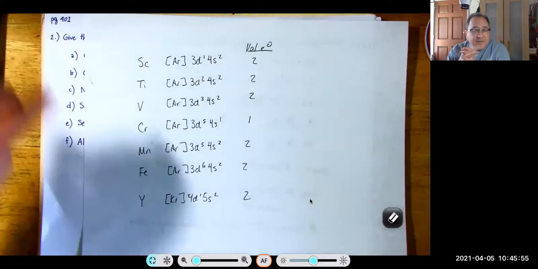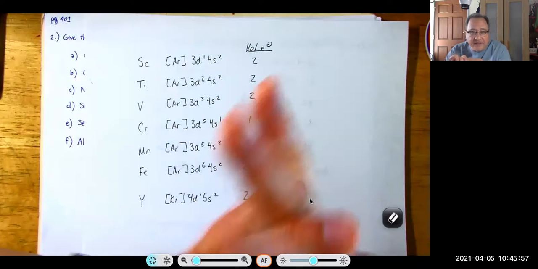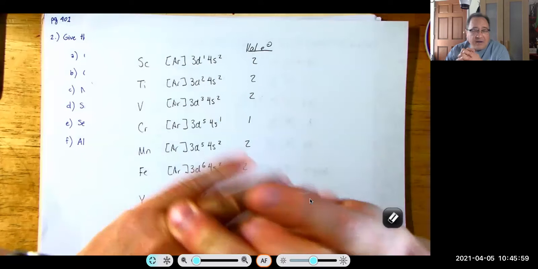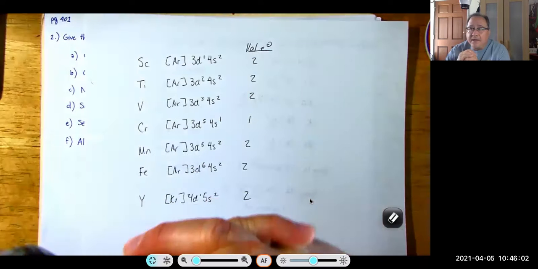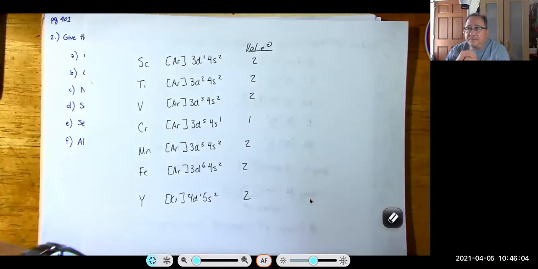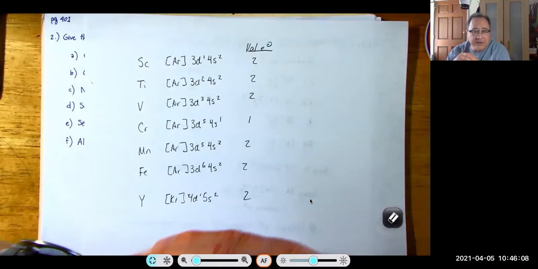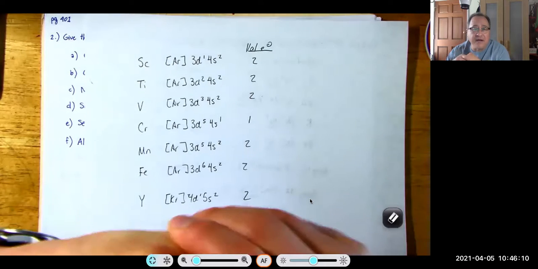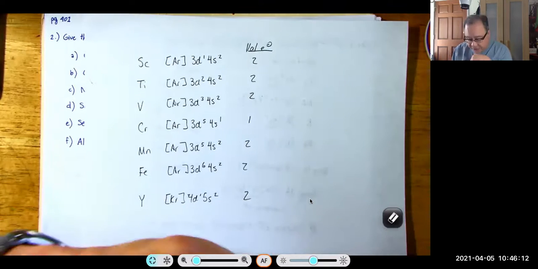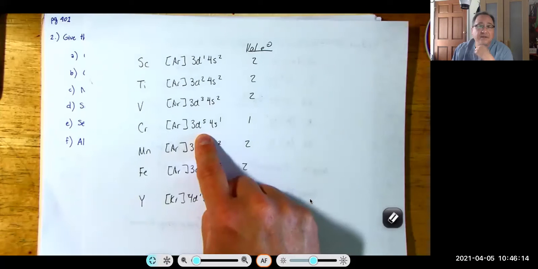So the transition metals that don't have 2 valence electrons tend to be those that don't have normal electron configurations using the block method for finding them. And it has to do with symmetry, remember?